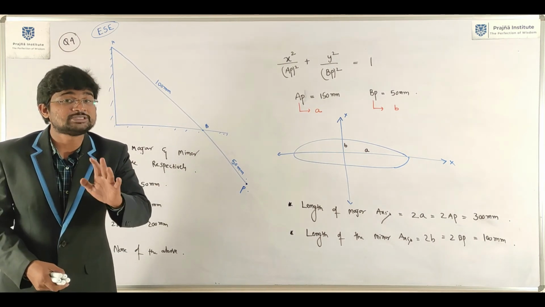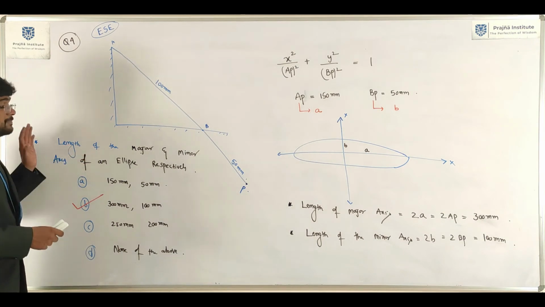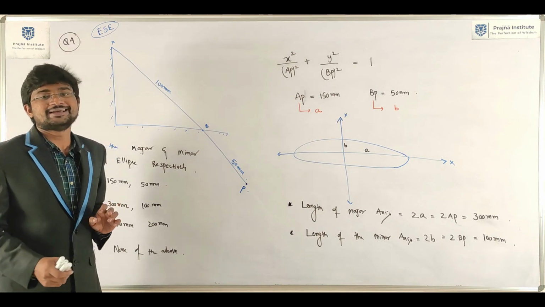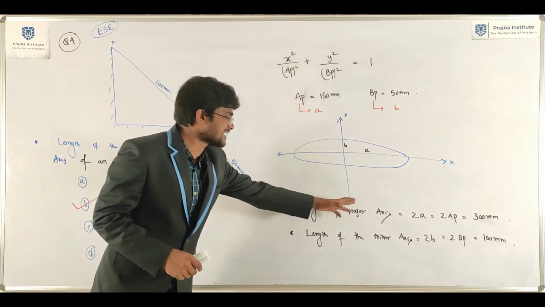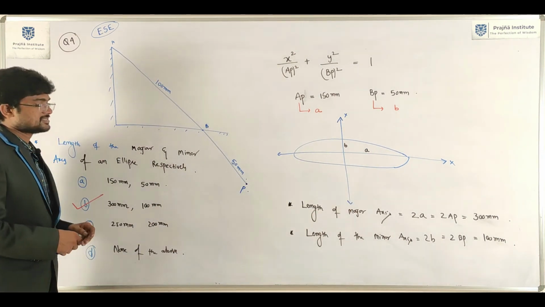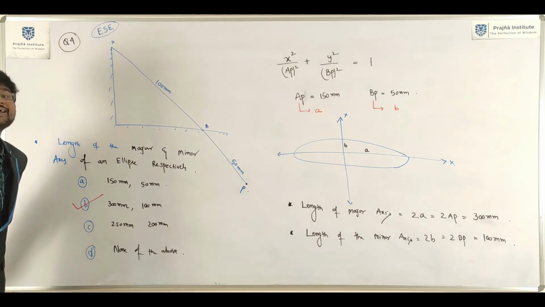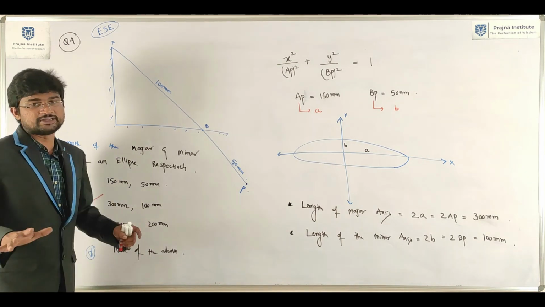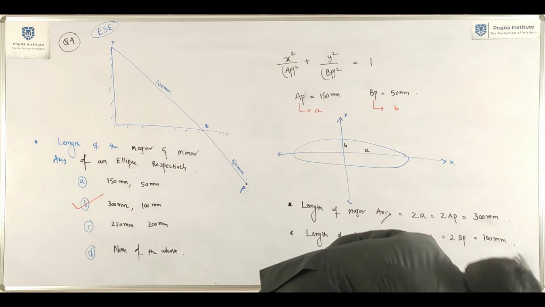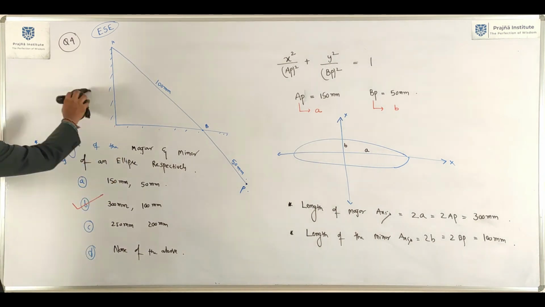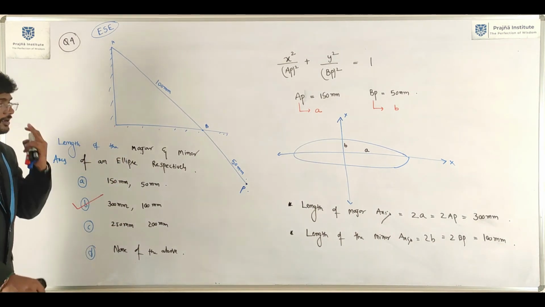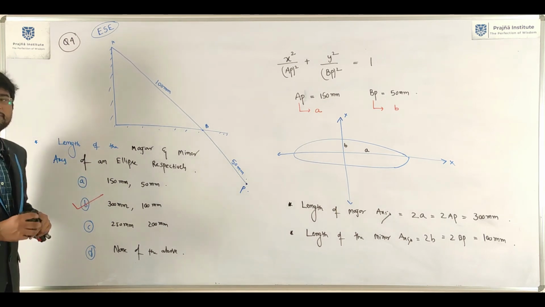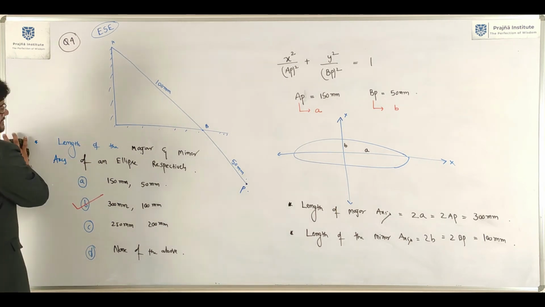If they ask you to determine the length of the major and minor axis, you need to double it. 2AP is the length of the major axis, 2BP is the length of the minor axis. So don't put 150 and 50. Understood now? Generally people make a mistake in this problem. Next.